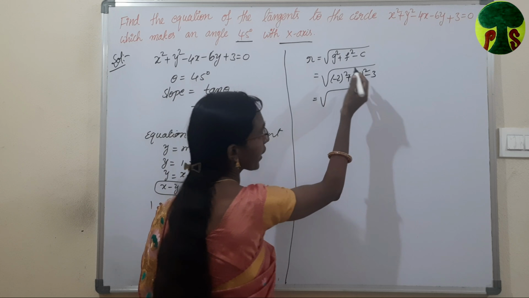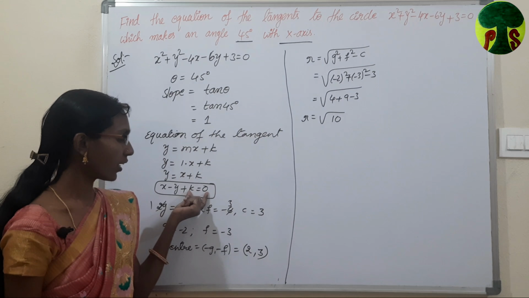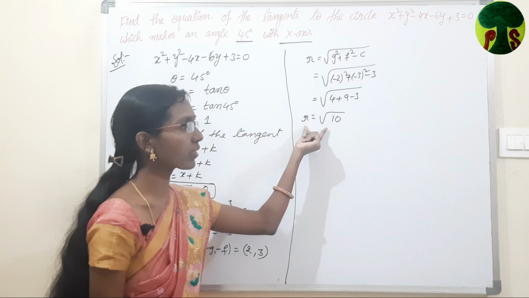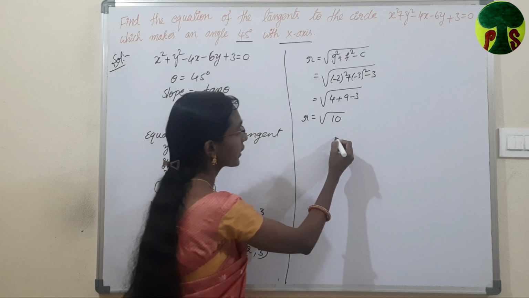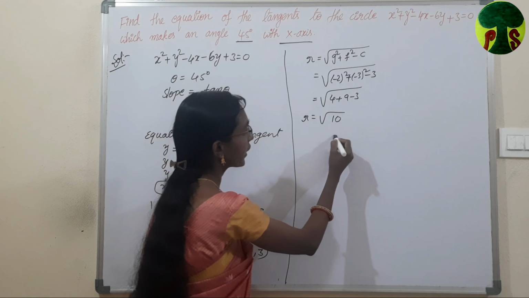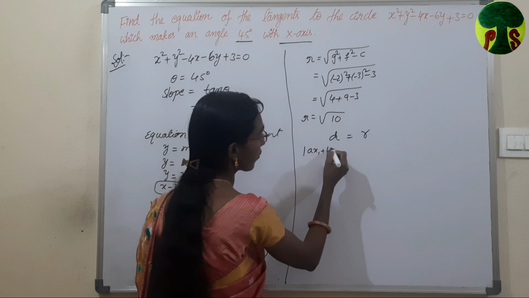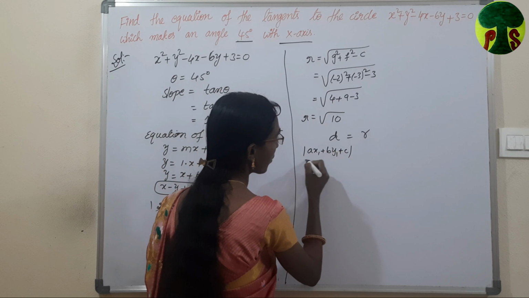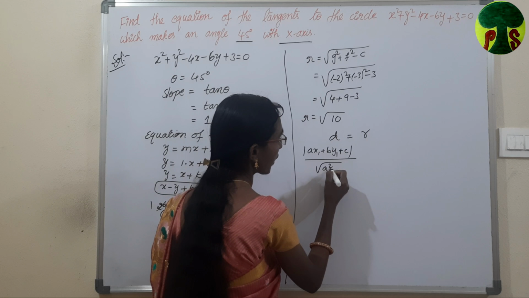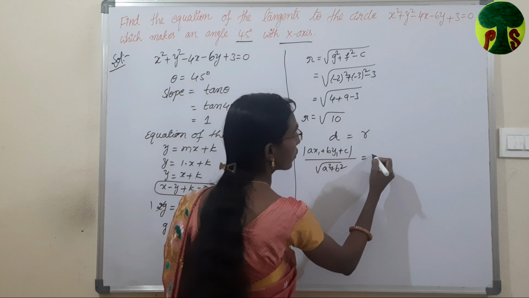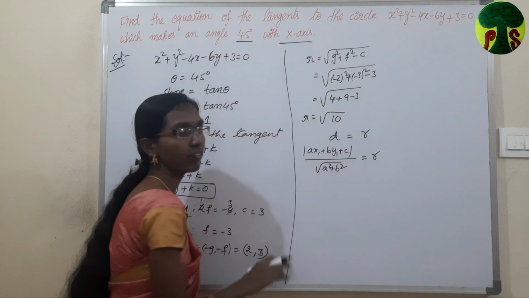Now the distance from the center to this line is equal to the radius of the circle, which means that d is equal to r. Find out the value of d. d is modulus of (ax1 plus by1 plus c) by square root of a square plus b square, is equal to r. Now substitute the values.